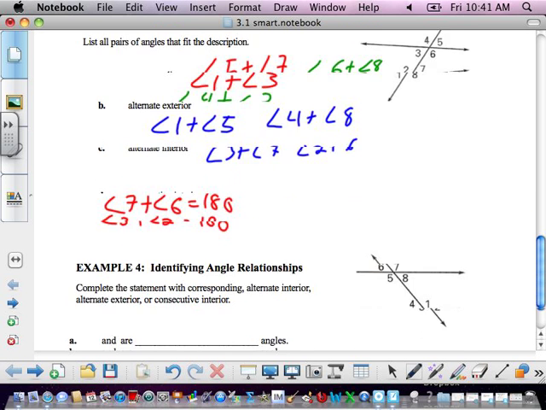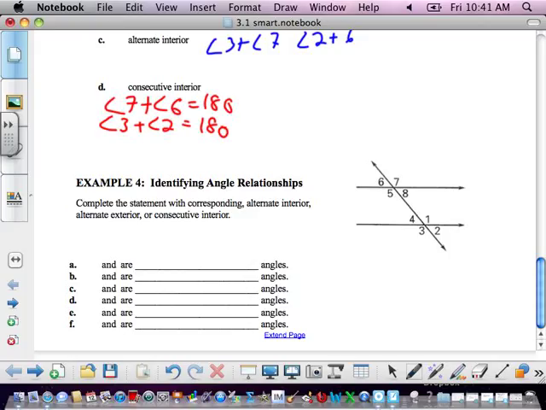Okay. 4 and 8 are what? Are they corresponding, alternate interior, alternate exterior, or consecutive interior? 4 and 8 are alternate interior, and I call that AIA, alternate interior angles. What about 2 and 6? What are they? Alternate exterior, very nice.